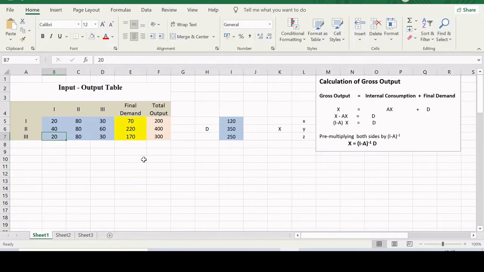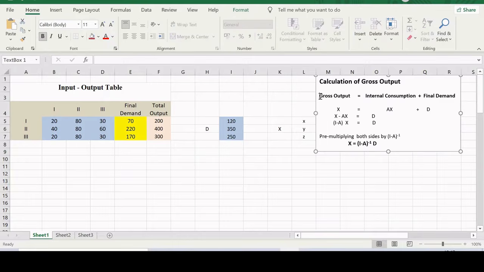Now to find out the gross output, I have assumed that X, Y and Z be the number of units of the three sectors which is represented by matrix X, and here matrix D is the new demand matrix. As we know that most of the models are based on certain assumptions, one of the basic assumptions of the Leontief input-output model is that the production is equal to consumption. So from this we get this equation, that is the gross output is equal to consumption.